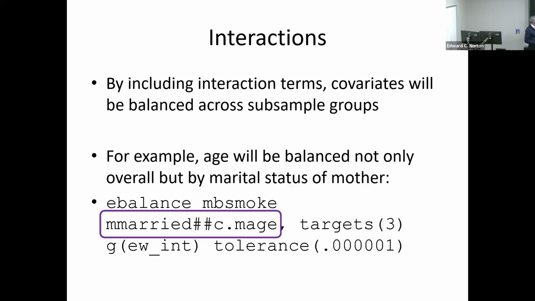And in Stata, it's easy to do with the double hashtag command. This creates an interaction on the fly and will create balance not only for age overall, not only for marital status overall, but it'll match the moments of age for married and for unmarried. And you could do this for other things.